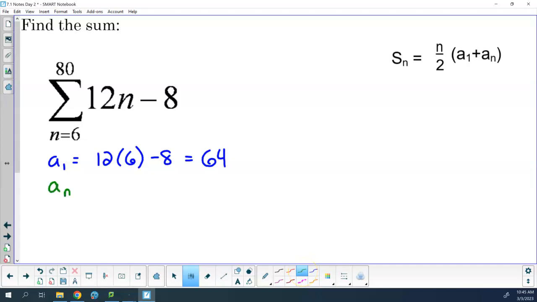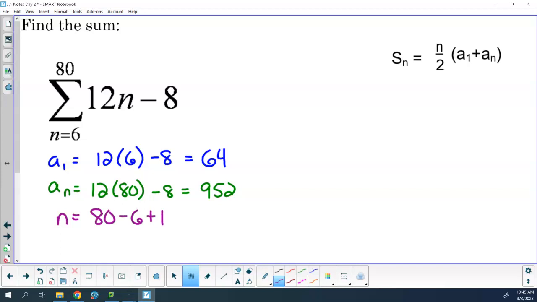Last term, that's going to be 12 times 80, what's that, 960? Minus 8 is 952. Total number of terms is going to be 80 minus 6, which is 74, plus 1 is 75.